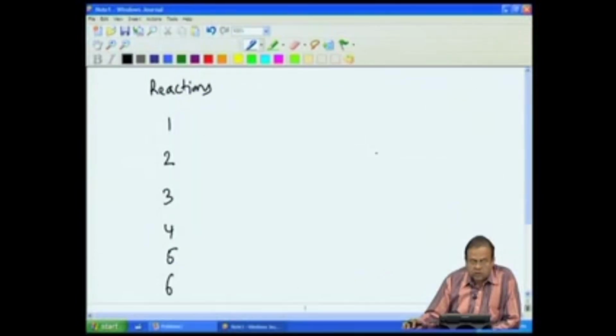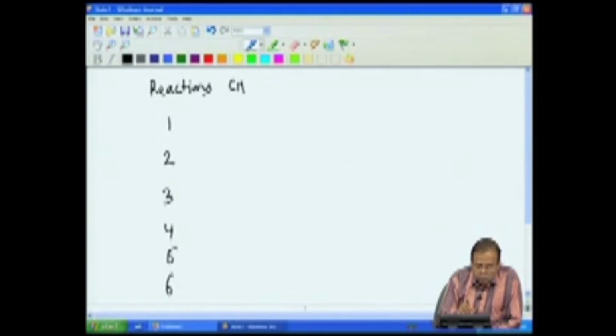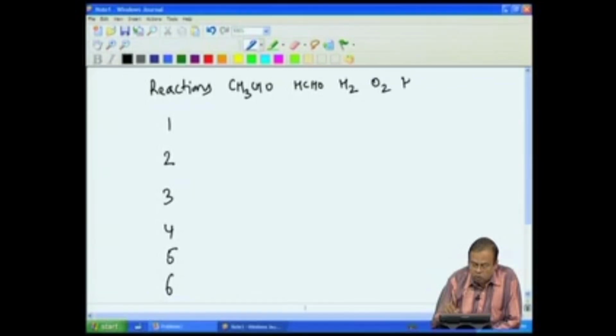So, as a column, let us write those species. So, methanol, formaldehyde, hydrogen, oxygen, water, carbon monoxide and carbon dioxide.